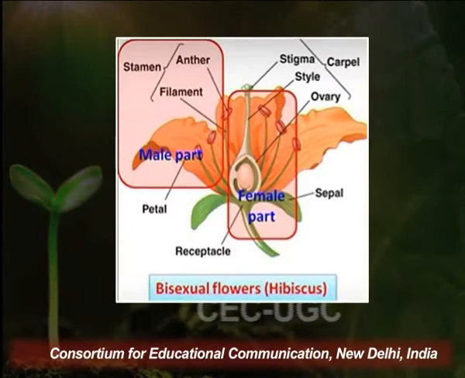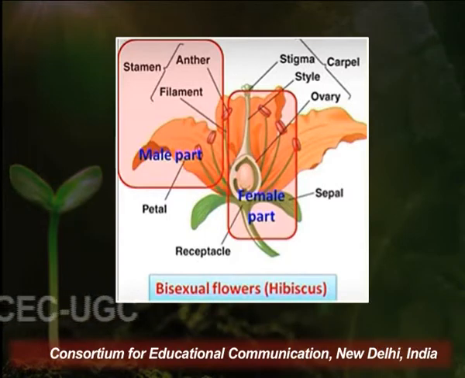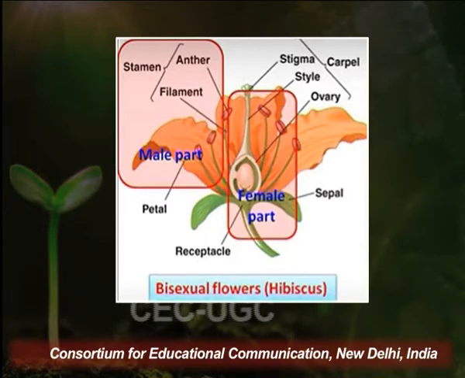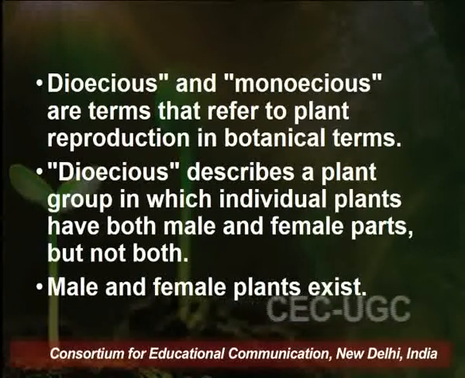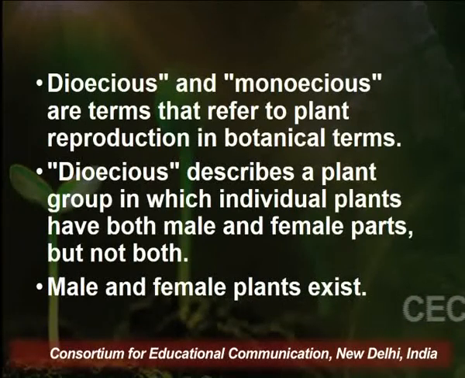Then it becomes different. If you look at the screens, you find a perfect flower of hibiscus, wherein you have a male whorl and a female whorl. But the terms dioecious and monoecious need to be understood carefully.